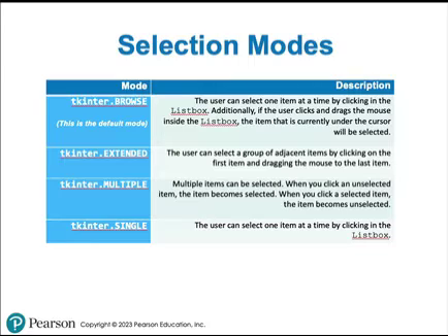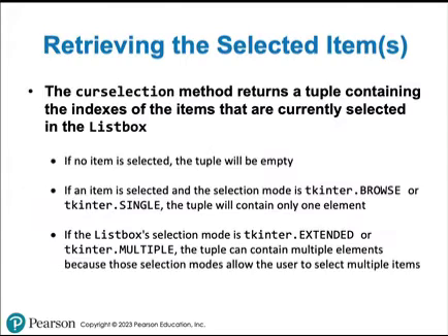Multiple, you can go through and select and unselect multiple items in the list, and if you call it with a single option, then you're only going to be able to select or check one item at a time. So that kind of controls the interaction with the user and the selection process.